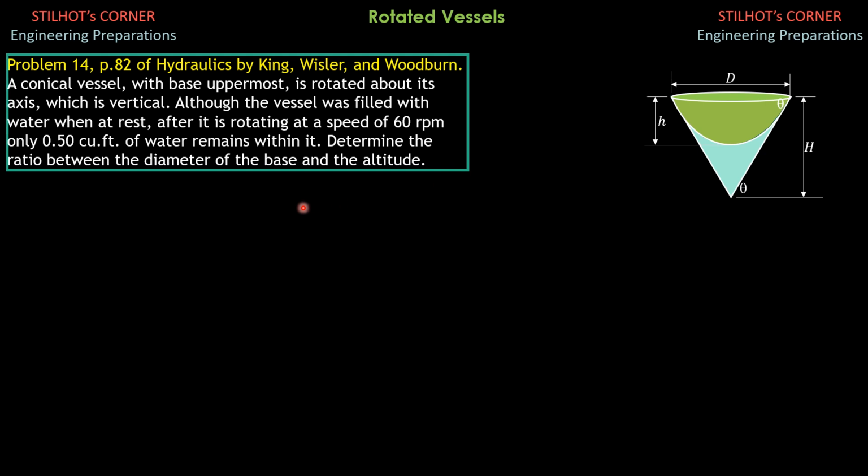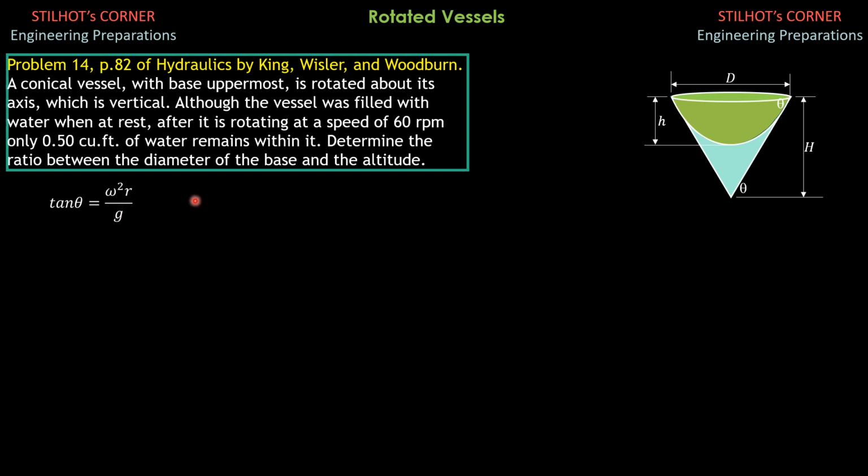So first, tangent of theta is big H over radius, and the radius is diameter over 2. And it is omega squared r over g. That's the formula, where omega is in radians per second.